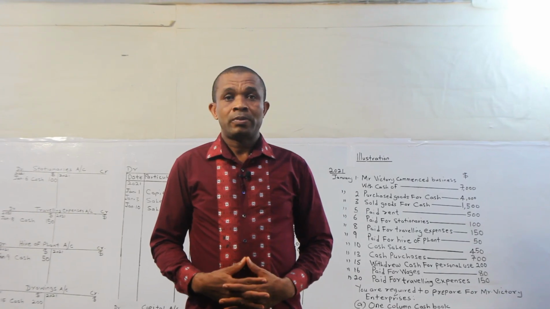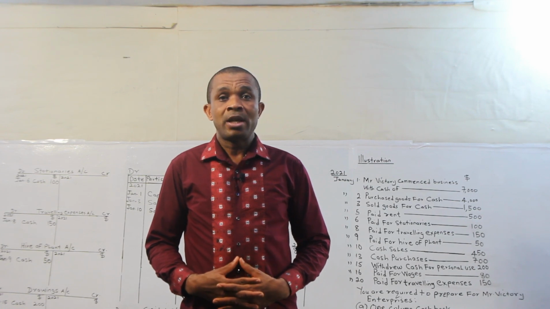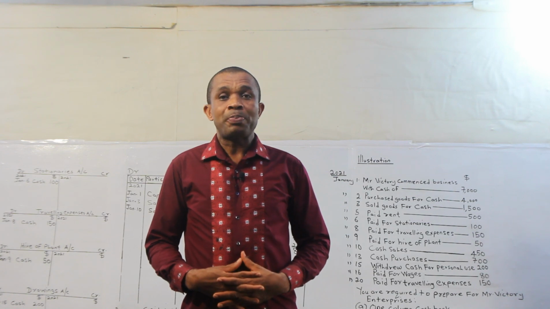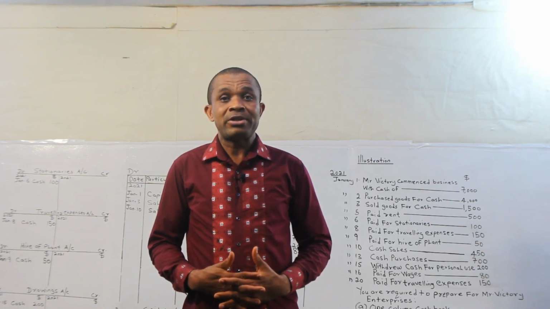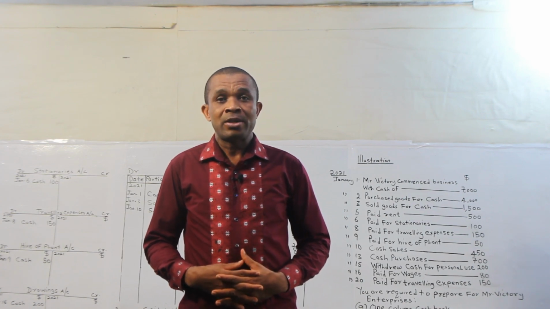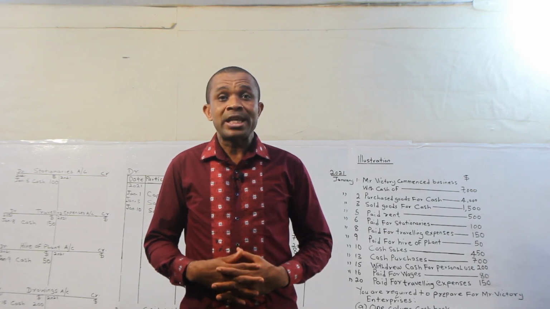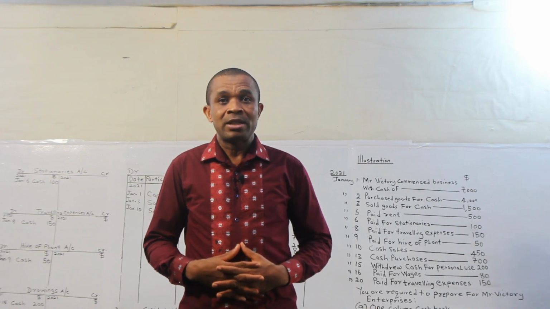January 20th, paid for traveling expenses, $150. When you hear the word paid, it means cash was paid. For instance, paid rent, paid salary, paid for office expenses. Once the word paid is used, and the question did not state that it was paid with check, it means the payment was made with cash.